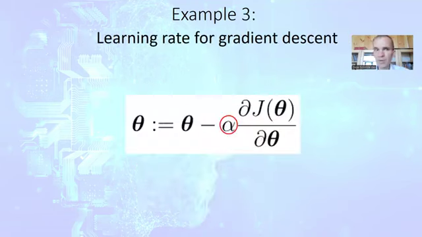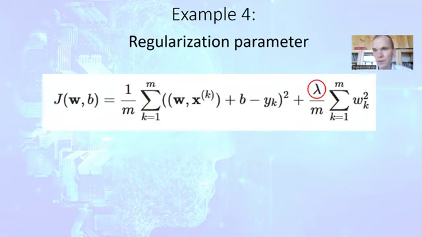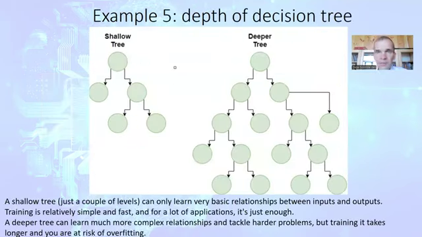Or for example, the learning rate for gradient descent is a principal hyperparameter for many machine learning methods. Another example, the regularization parameter, which we, by the way, used to overcome the overfitting effect, is also a hyperparameter. Yes, so we have tuned all of this. Or a final example of a hyperparameter is the depth of a decision tree.